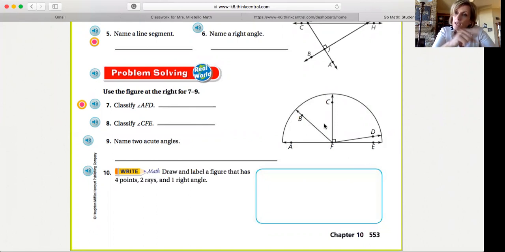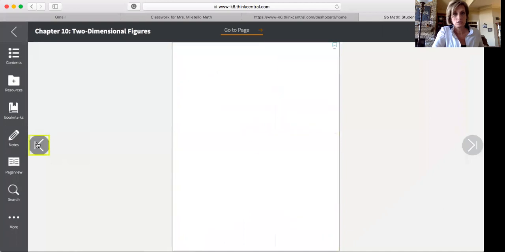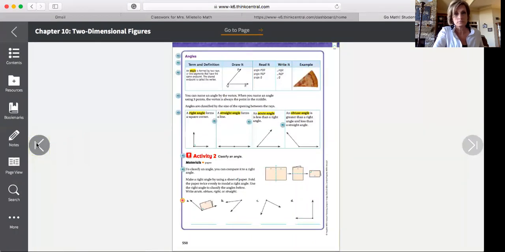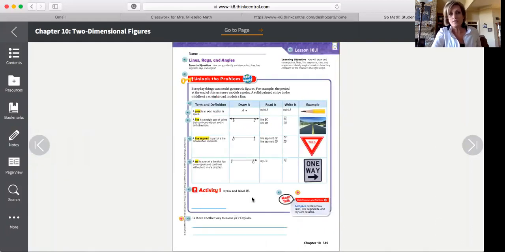Look back at the PDFs or the pages that you did yesterday, because on page 550, I think it is, 550 and 549, you had the definition of all of these different terms and exactly what they mean, okay?